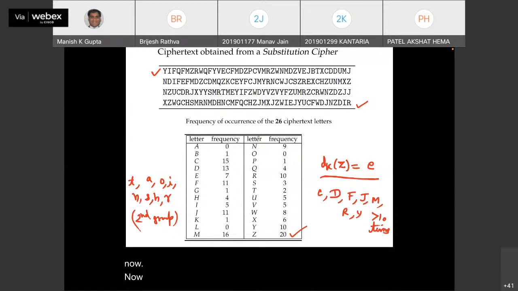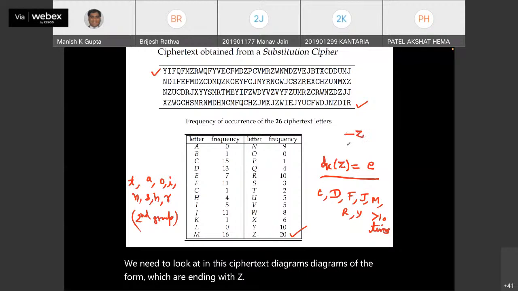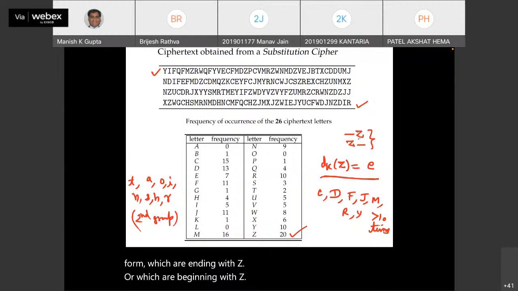Now we need to look at, in this ciphertext, digrams of the form which are ending with Z or beginning with Z. Something like this I have to look at. For example, you see ZR.